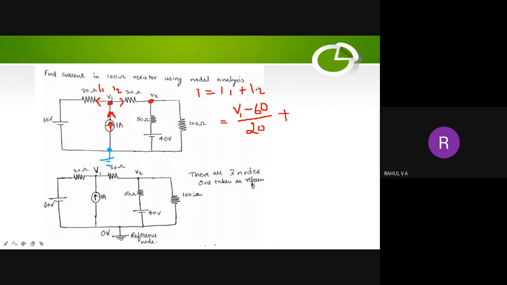One terminal of the 30 ohm resistor is connected to node 1, where potential is V1, and the other terminal is connected to node 2, where the potential is V2. So what I should write is V1 minus V2 divided by 30. So that is equal to 1 ampere, because the sum of current entering the node is 1 ampere. Only one current source actually enters into the node.